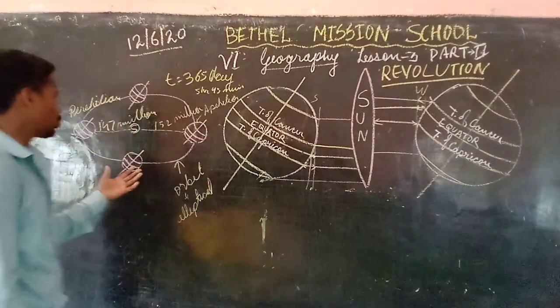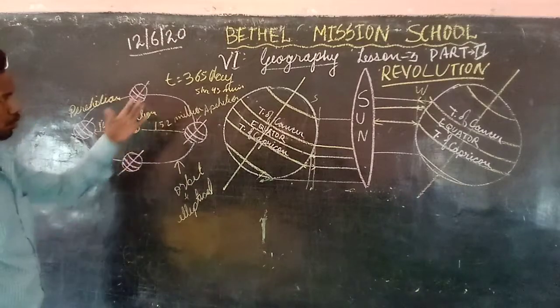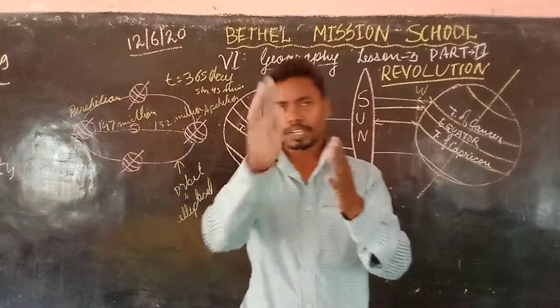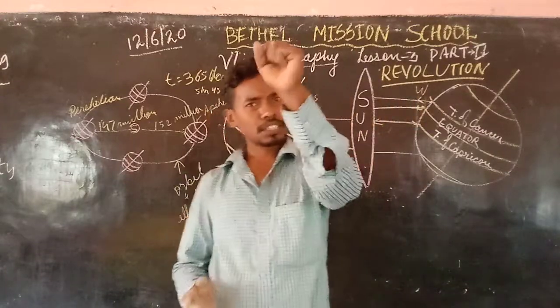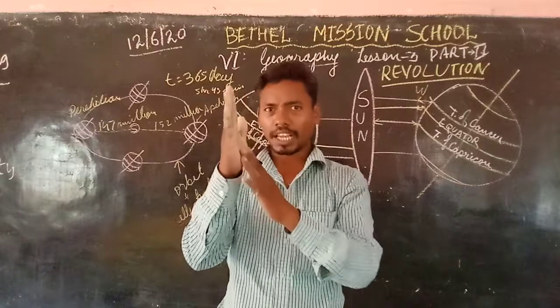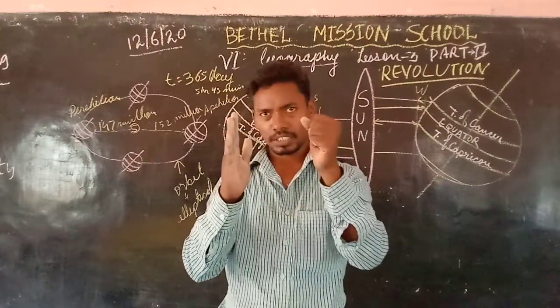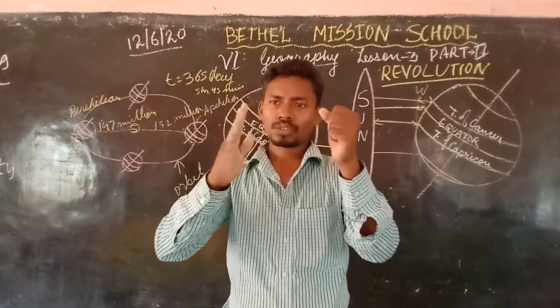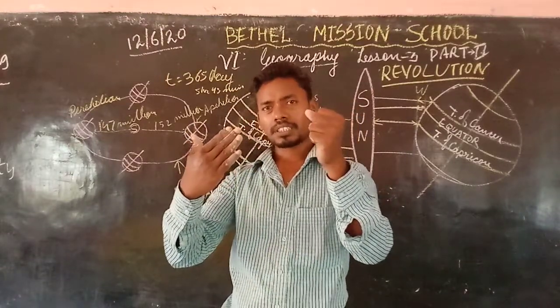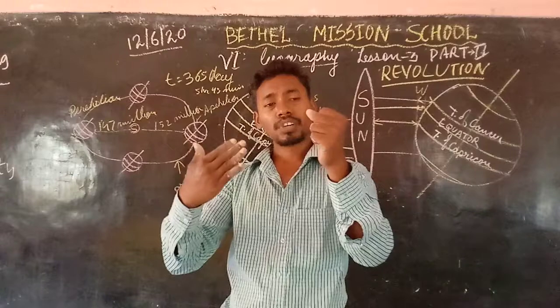For equinox we need to come here. I will try to explain with this portion. Let us consider that this is my hand, it is your sun, and this is your Earth's axis. Now what is it doing?